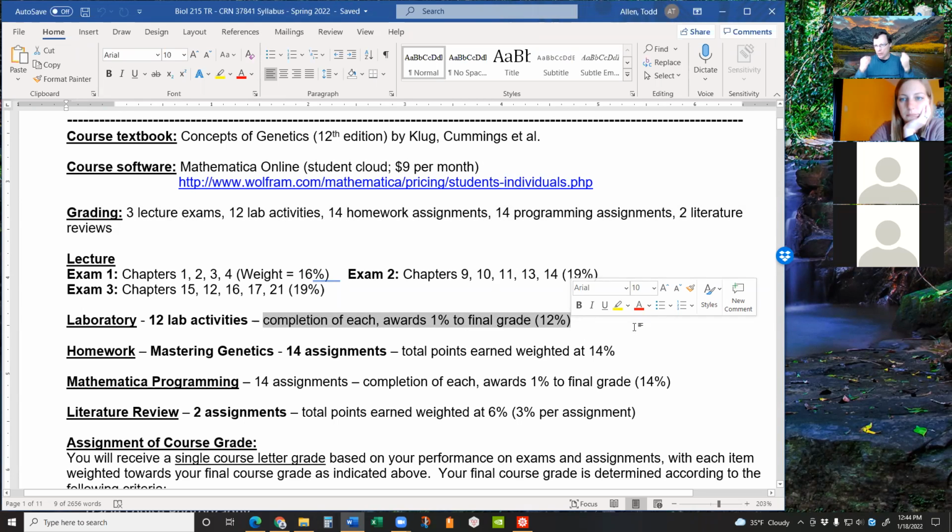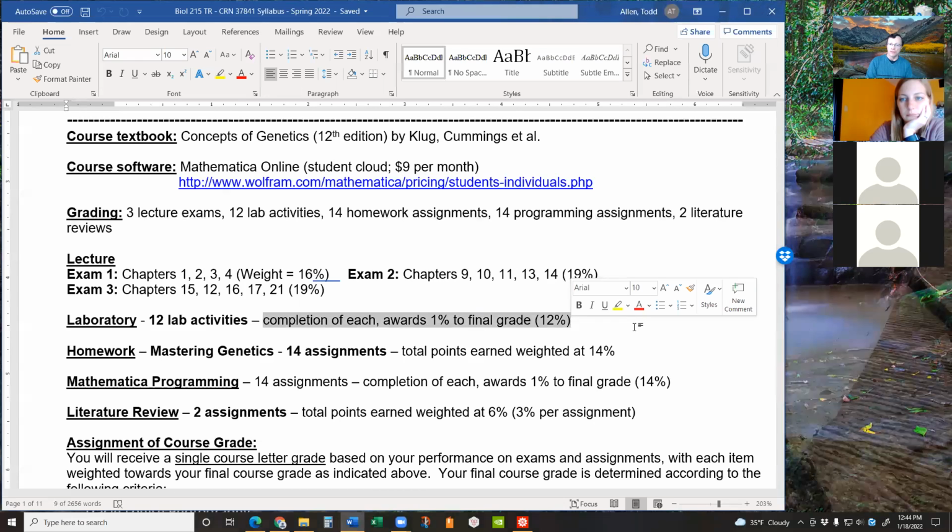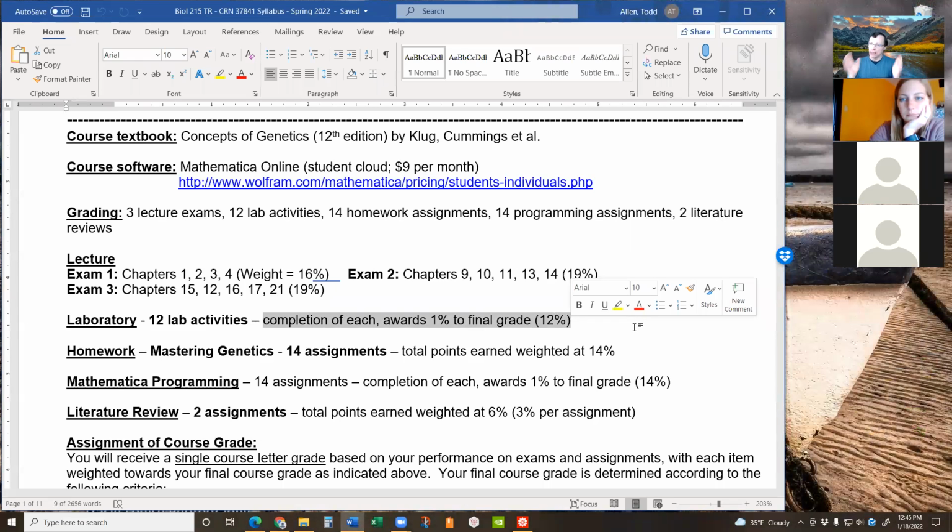You do not have to have perfection here. I'm not looking for every correct answer. The goal with lab is that you're learning, not that you're perfect, okay? So as long as you really do the work, you're going to get most of the credit for lab. The only time I would take off is if you turn in partially completed lab work, then you would lose some credit, okay? So do your lab work. It's an easy way to earn 1% of your course grade simply by completing a lab assignment.